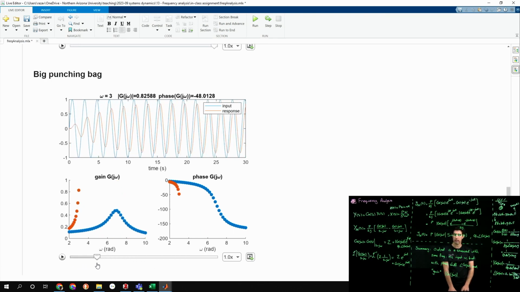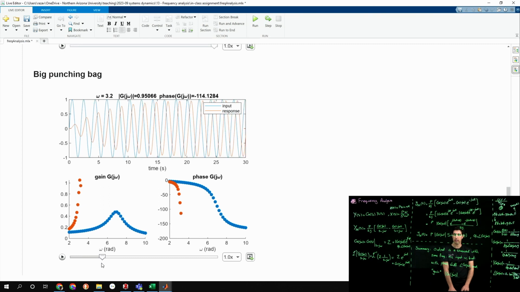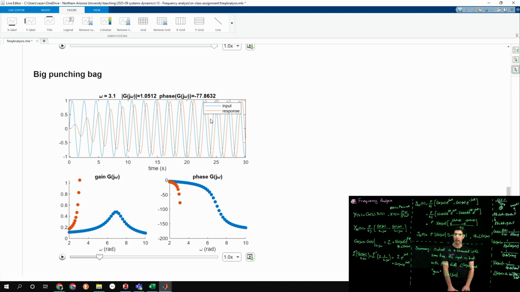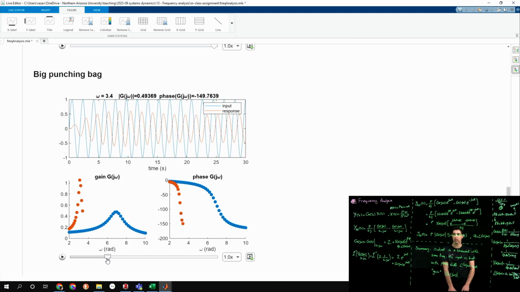And in this case, at what we call the resonant frequency, for this specific set of parameters that I have chosen, the amplitude of the response actually slightly gets larger than the amplitude of the input. It's 5% more. But this is all dependent on the set of parameters that we choose. It could be more or less.